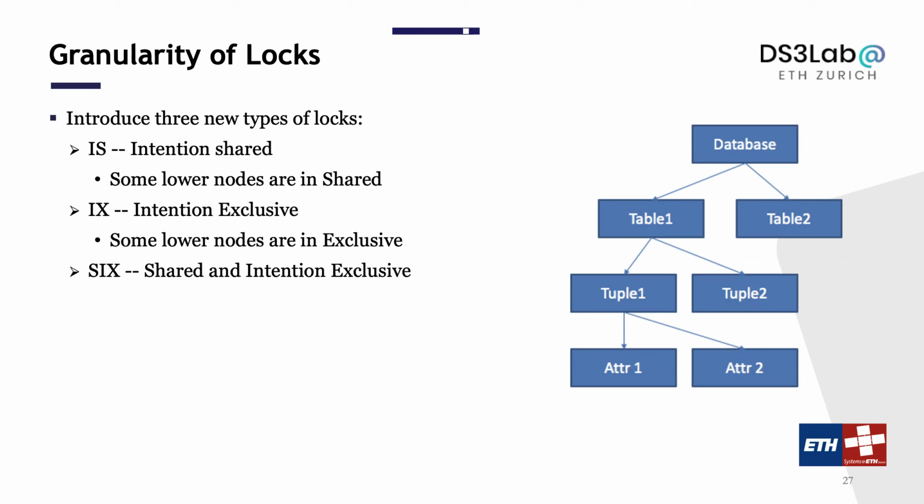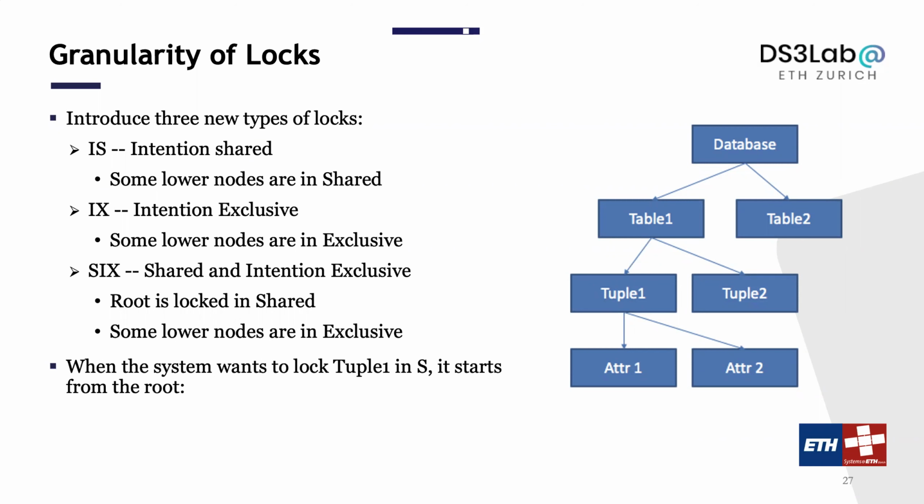And then I have the shared and intention exclusive lock. If I hold this lock on table 1, it means that I'm locking table 1 in shared mode. On the other hand, there are some lower nodes that I have an exclusive lock on.